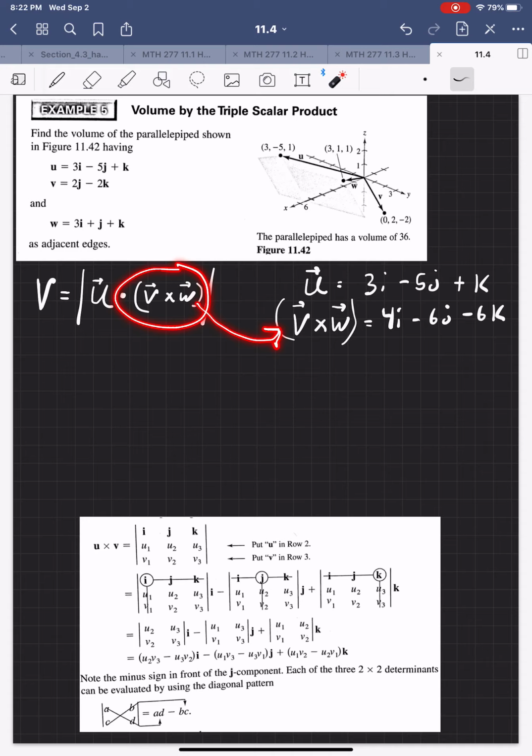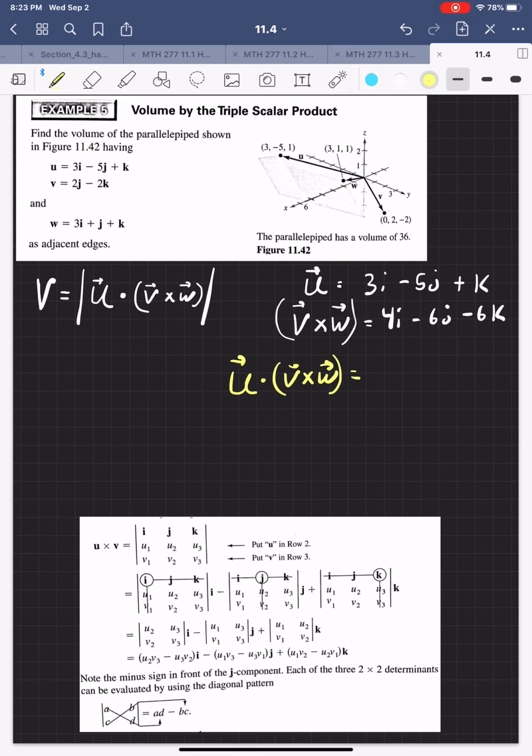So now the only thing left to do is take the dot product of u with that cross product. So u dot v cross w is the last thing that we need to do.